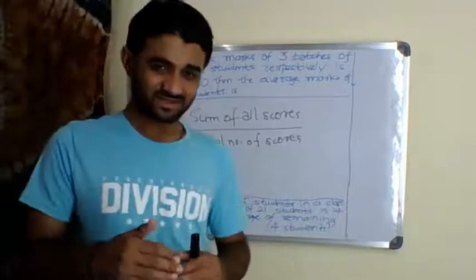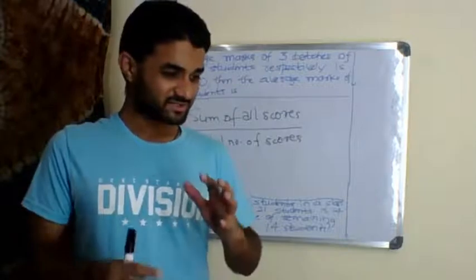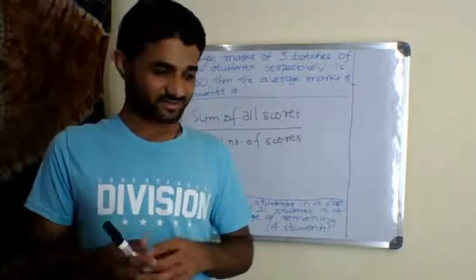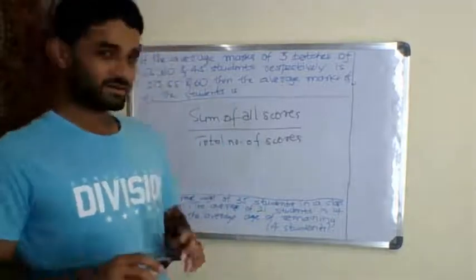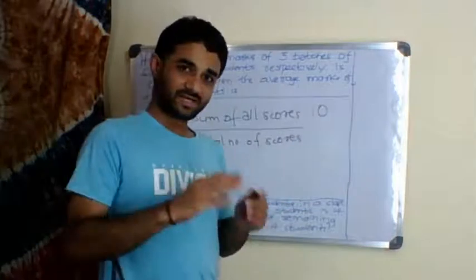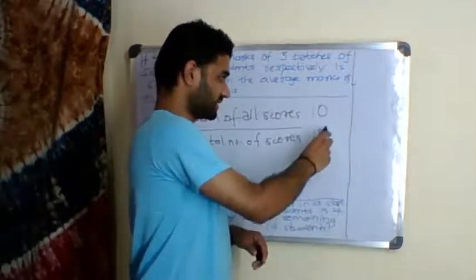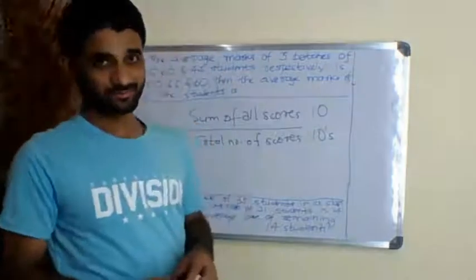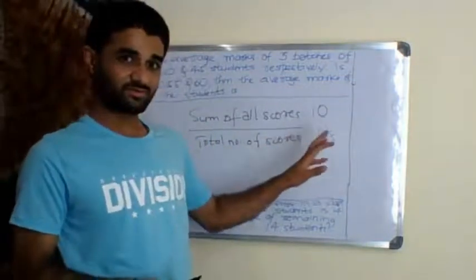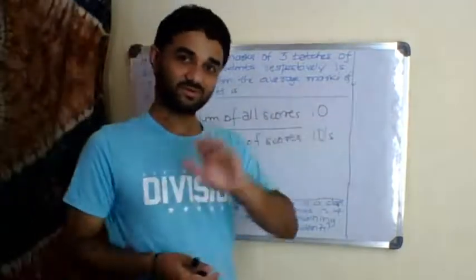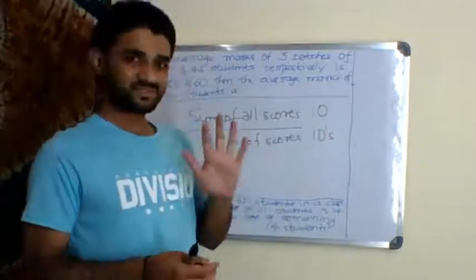Let's, as a first step, take a simple example and try to understand. Suppose there are 10 tens in front of you. The number 10 appears 10 times. What is its average?